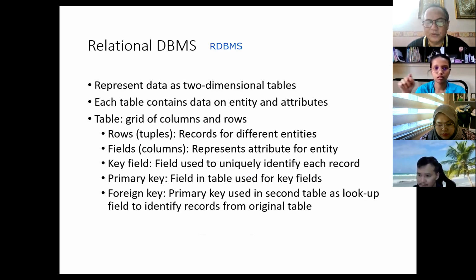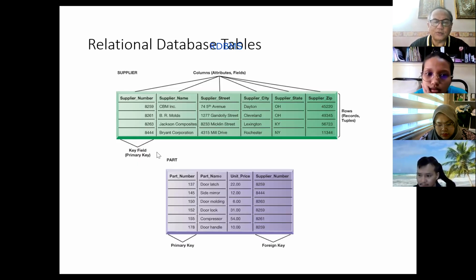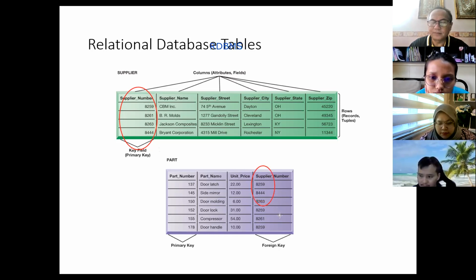There are two key fields used to uniquely identify each record: the primary key, and then a foreign key.